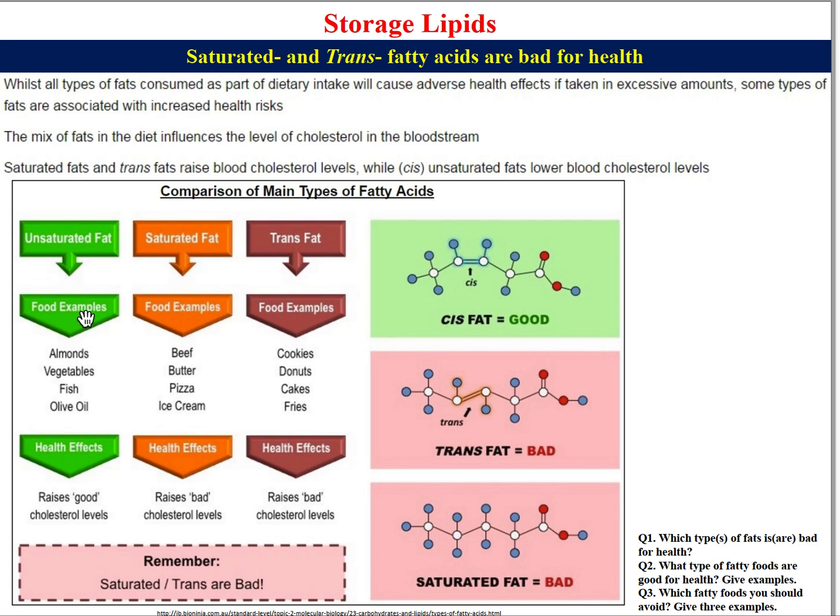Here are examples of unsaturated fatty acids in foods like almonds, vegetables, fish, and olive oils, and they raise good cholesterol levels and are very good for health.